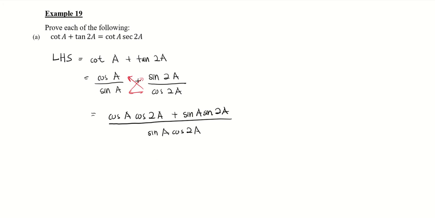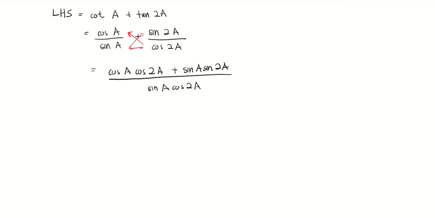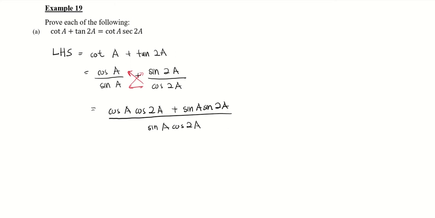So we have this expression here, and it is quite difficult to prove this question, but we can look. Apa nak sekali dia jadi ni, dia ada sec 2A, so sec 2A is 1 over cos 2A, so here we already have that term, which we can factorize.